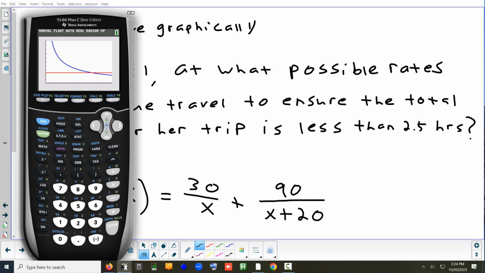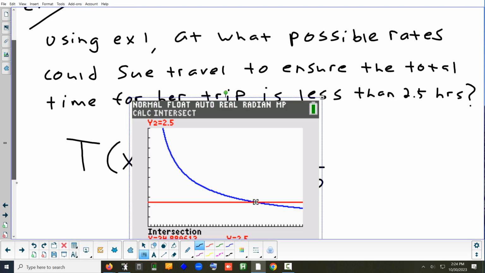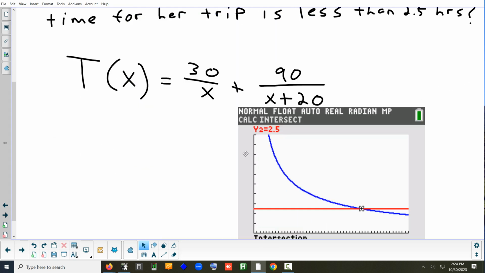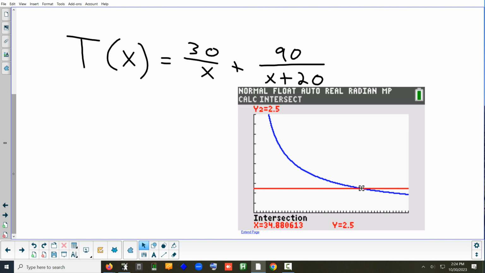So what do I have to find there first? Yep, find the intersect. Okay, so we've got the intersect. Now I want you to think about the speed she could travel at. If she goes exactly 34.88 miles an hour, she will complete the journey in 2.5 hours.